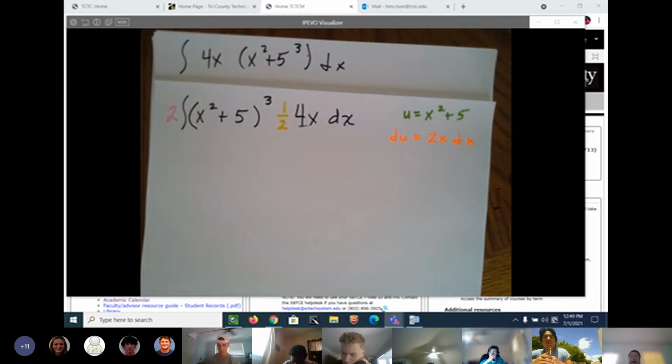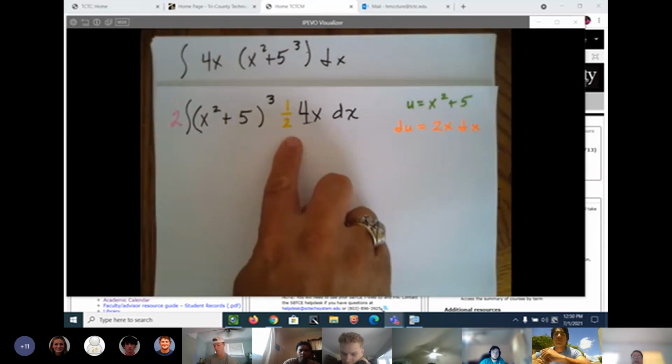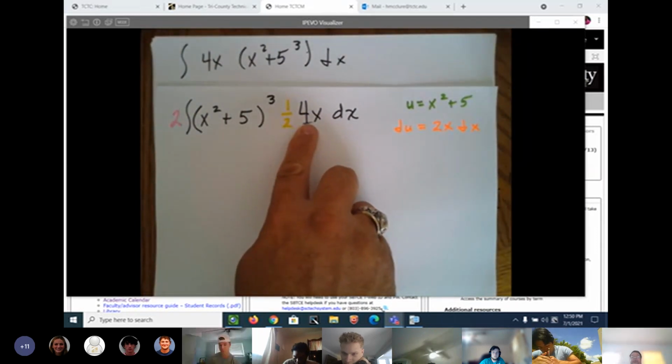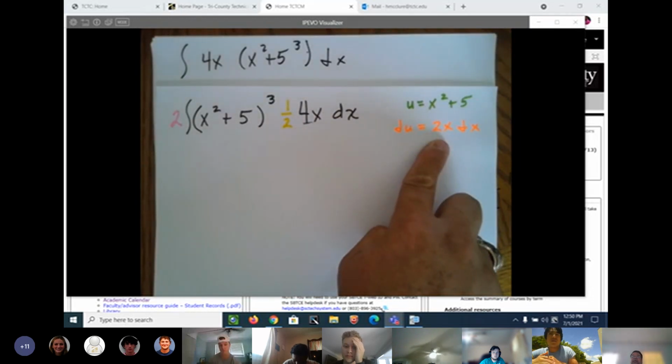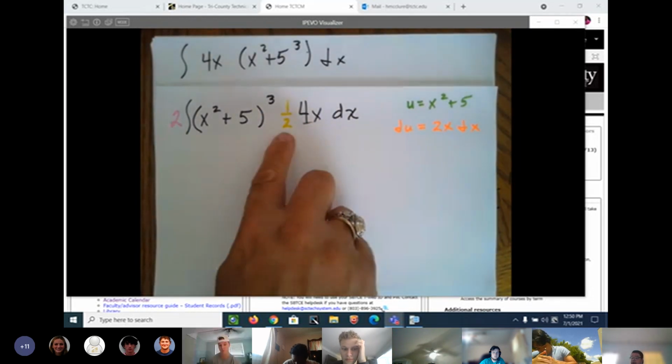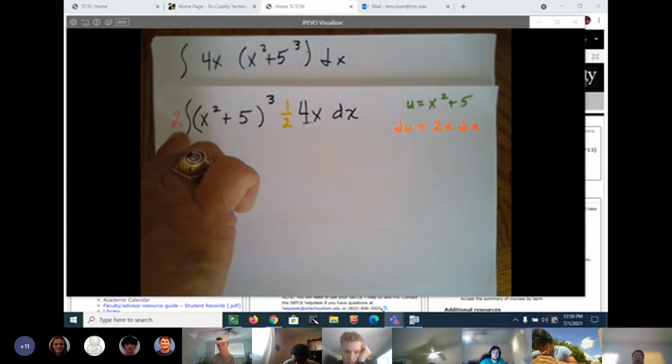Now somebody tell me why I just did what I did. So you get them to equal each other? So what's 1/2 times 4x? 2x. 2x dx. So whatever I put here, I've got to put the reciprocal outside.